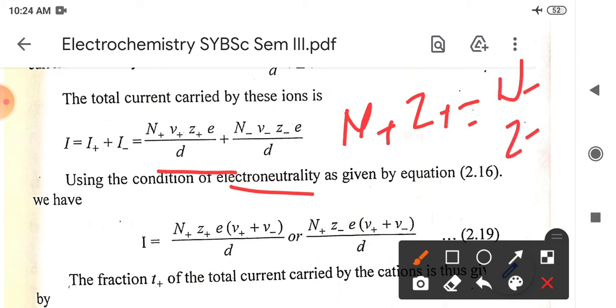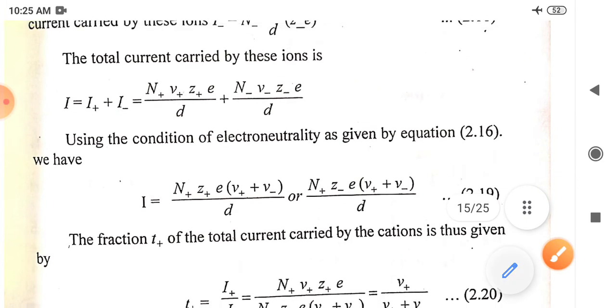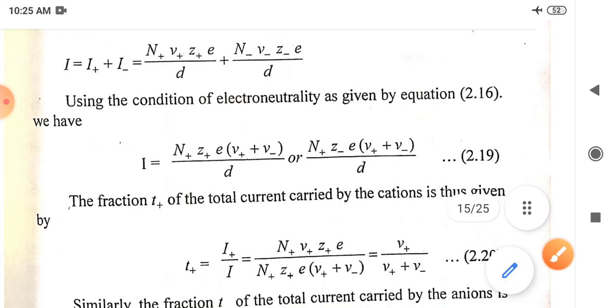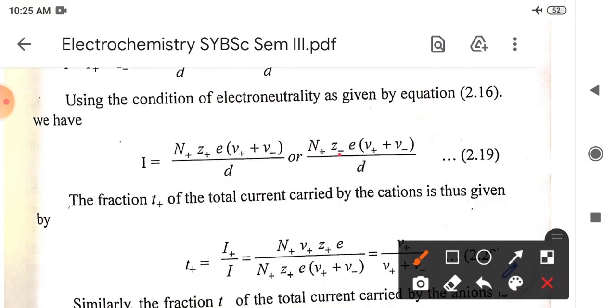So we can take the common factor n plus z plus e out, into v plus plus v minus upon d.